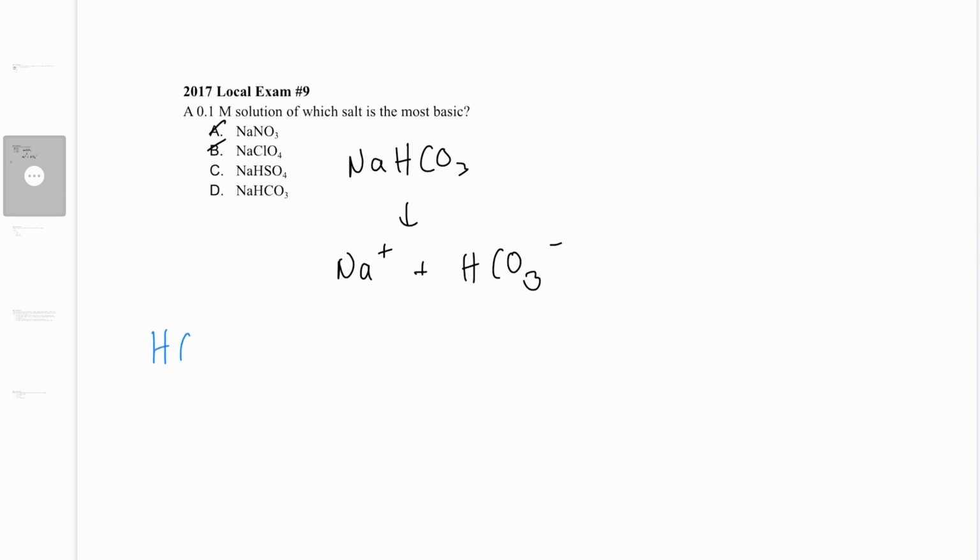So the HCO3 minus is going to react with water, but instead of hydronium ions, we're going to be producing carbon dioxide, OH minus, and also water. And because we have this OH minus here, this solution is going to be basic.